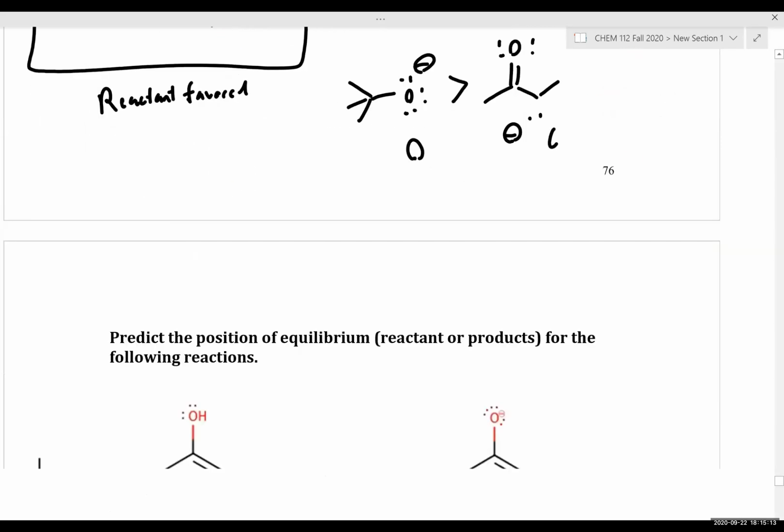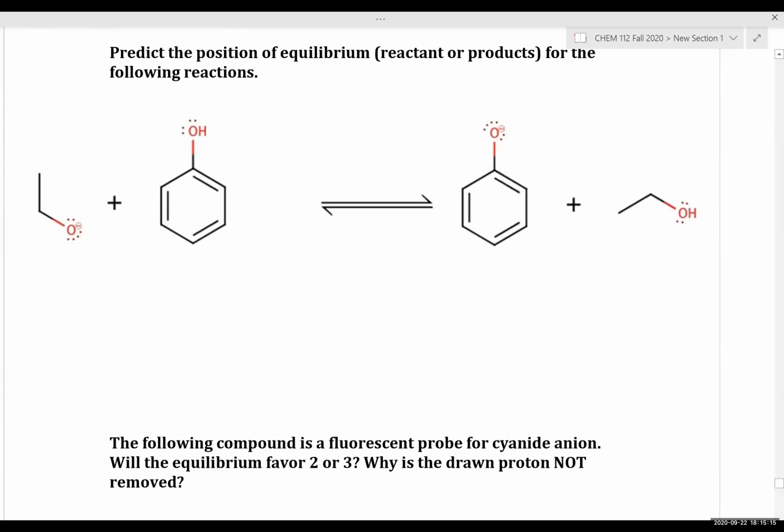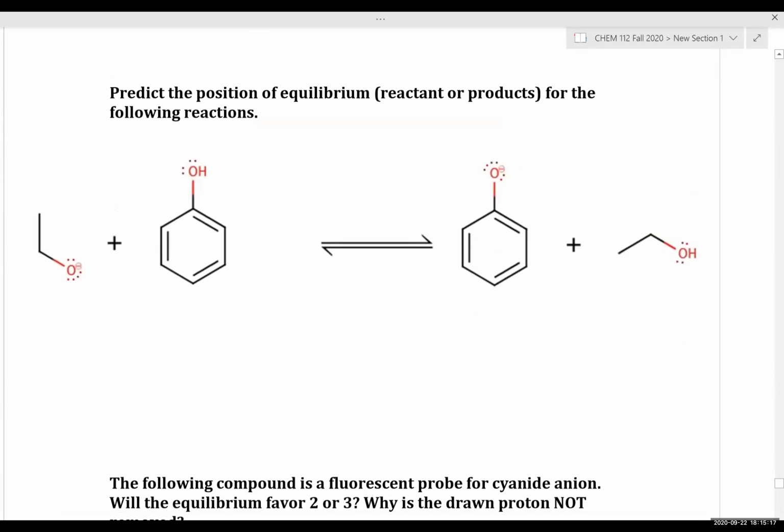Okay, so let's keep going now, and I'd like you to predict the position of equilibrium for the following reaction. So I'd like you to tell me, looking at these two compounds, whether this equilibrium set of reactions is reactant or product favored.